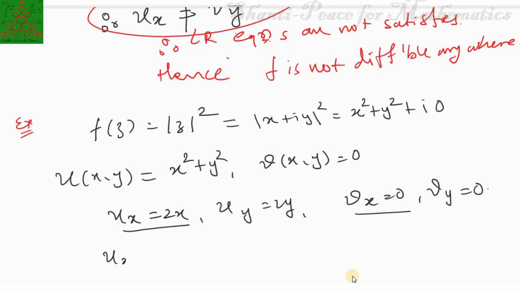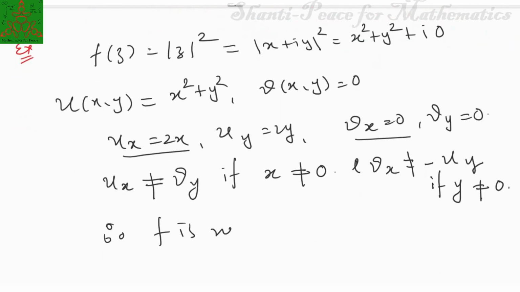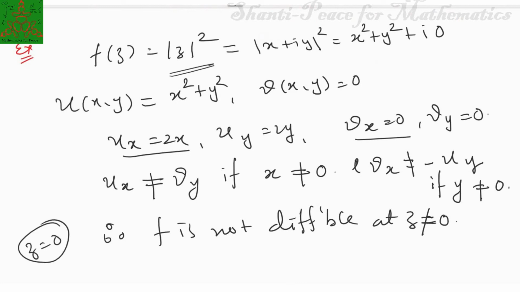So u_x is not equal to v_y if x is not equal to 0. If x is equal to 0, obviously u_x is equal to v_y. In the same manner, v_x is not equal to minus u_y if y is not equal to 0. So definitely f is not differentiable at z not equal to 0. For z equal to 0, the proof was already discussed in my previous video.